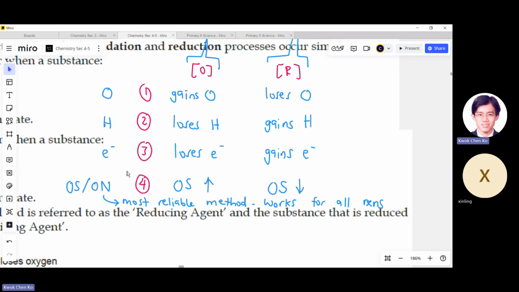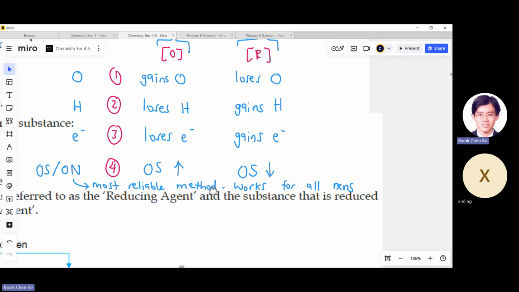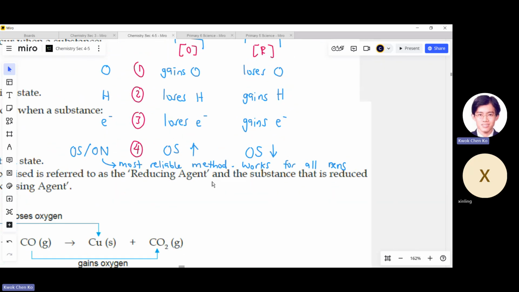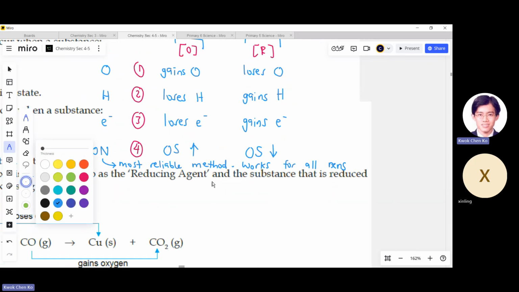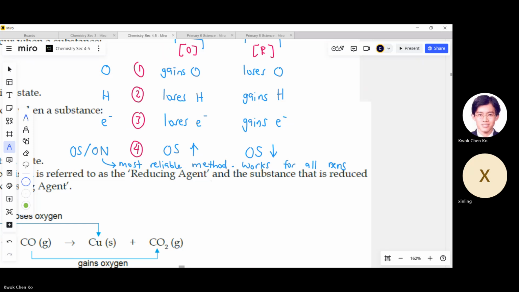But let's give you one unusual example. Very unusual. Let's say I have this. Only one reactant and only one product. Oh, by the way, O3 is called ozone.